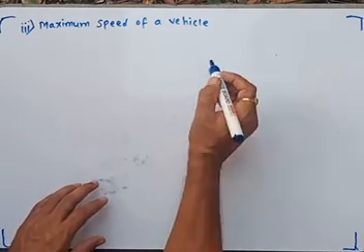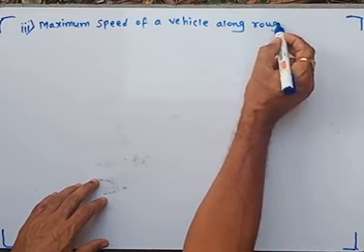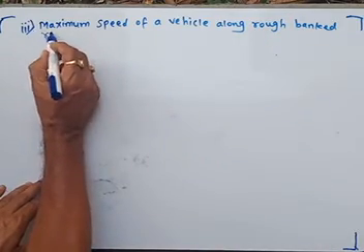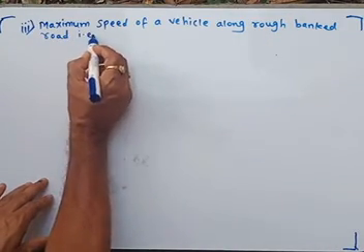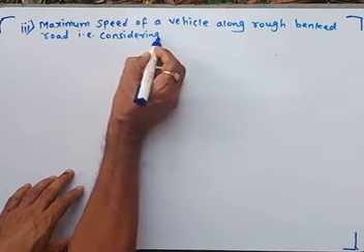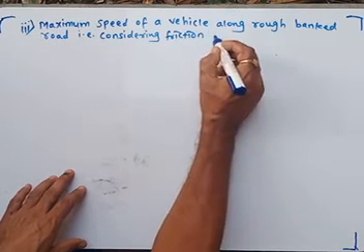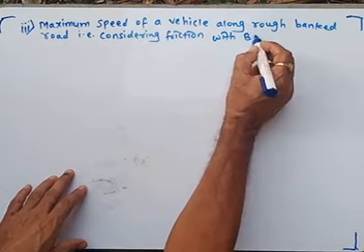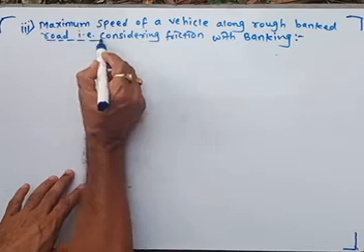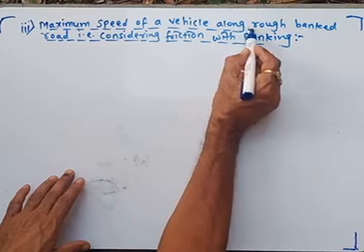Speed of a vehicle along rough banked road, that is considering friction with banking, considering force of friction along with banking. This is our today's article.